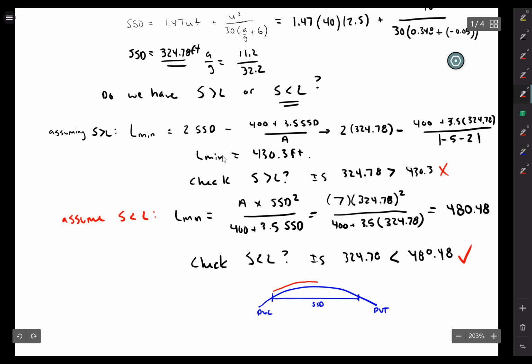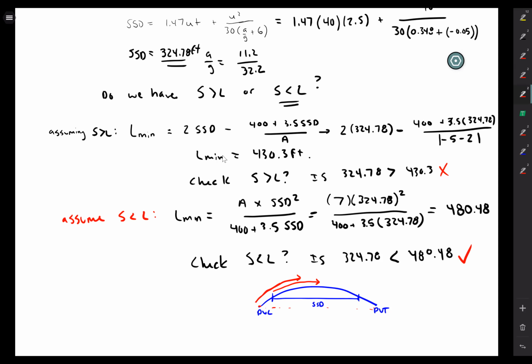So if I'm a vehicle traveling along this road, that distance is actually going to be along the curve. The same goes for the length of curve: I'm talking about moving along the curve itself and not the straight line distance between the two, because one is a chord. Remember, we talked about the difference between chord and arc in the horizontal alignment lectures. So our stopping sight distance is actually an arc length, as is our length of curve.